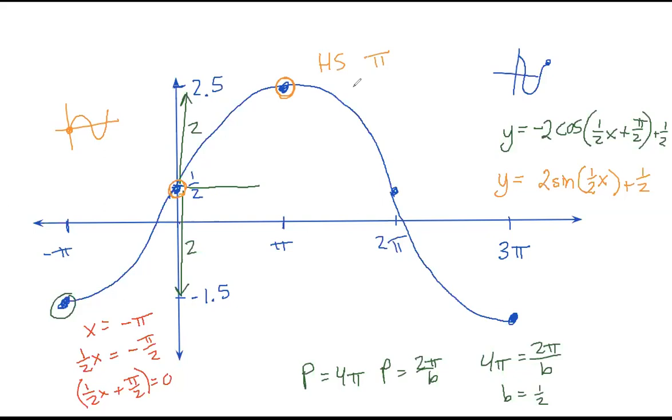So actually, I think it'd be pretty easy to do. We could say y equals 2 cosine of 1 x minus pi over 2. Have a horizontal shift of plus pi instead of minus pi. All three of these give you exactly the same graph. You just have to decide, are you using sine or cosine? And then what's your starting point? Okay.